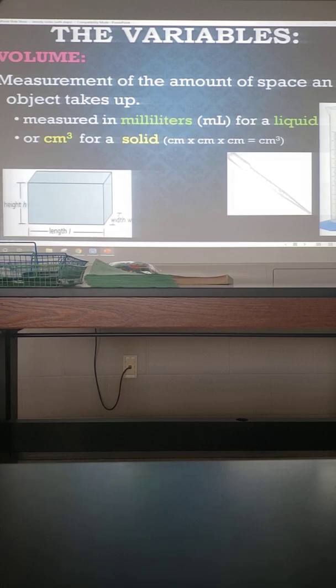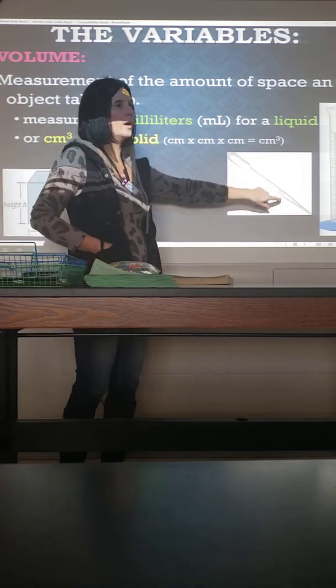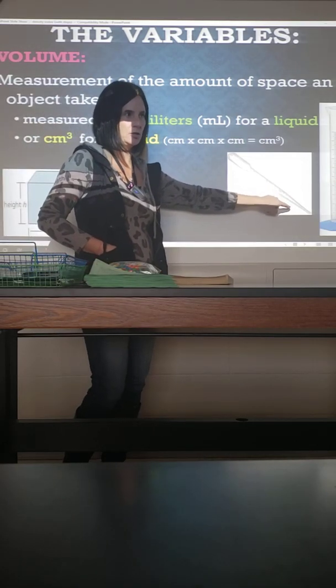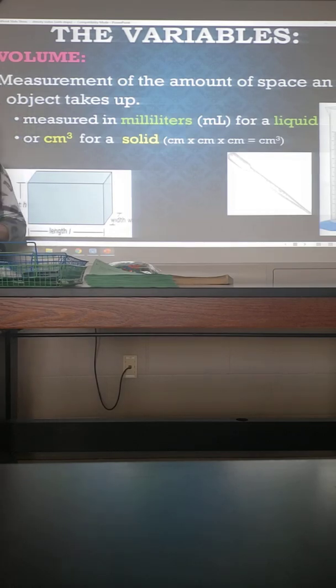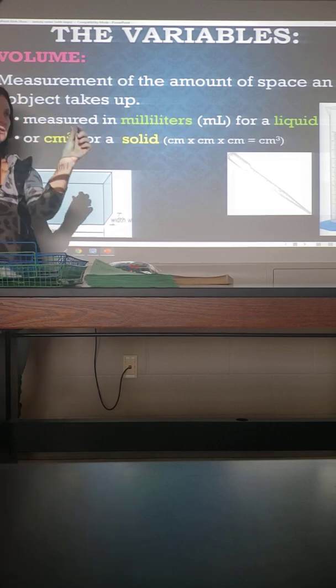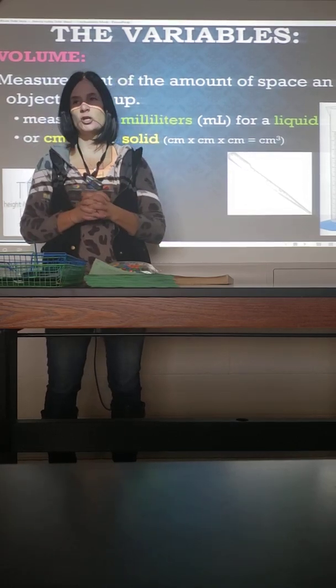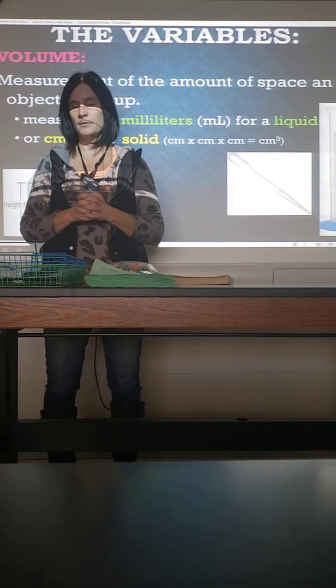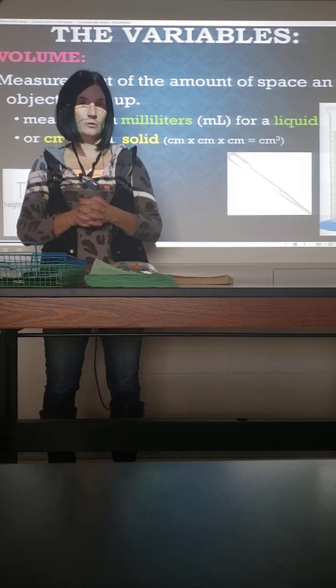Okay? One thing that is pretty darn handy is that 1 milliliter of liquid will perfectly fill a 1 by 1 by 1 centimeter cube. If I had a centimeter cube, about this size, and I took a milliliter of water and put it in that cube, it would fill exactly that cube.